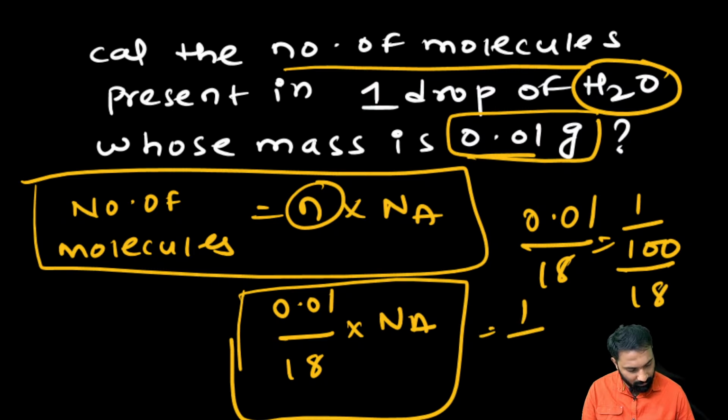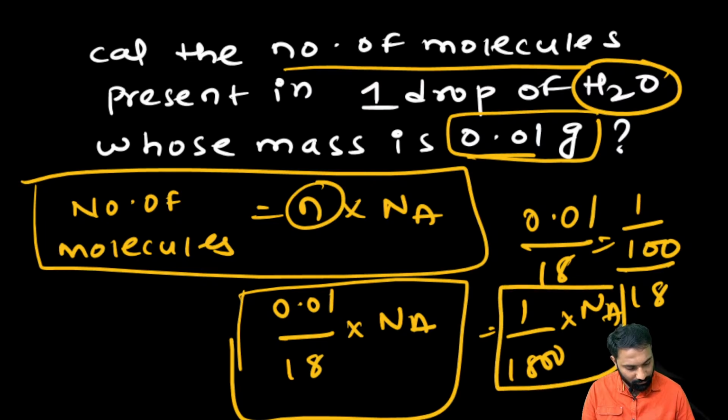This one will become 1 by 1800 into Na. This is also correct only. Yes, you can write, no problem. 0.1 by 18 into Na is correct only, Suraj. In that manner also you can write.